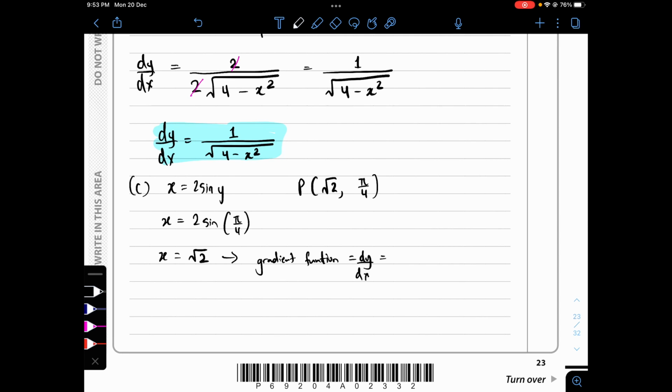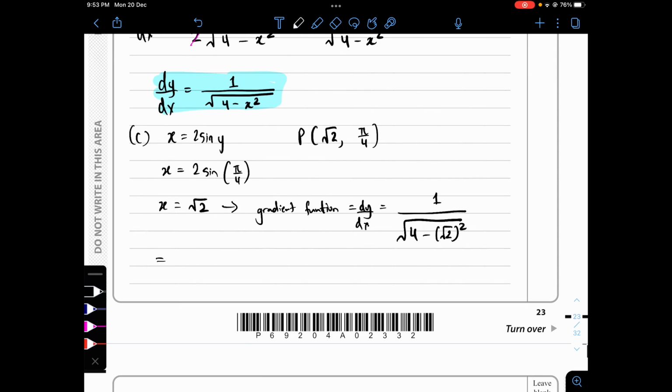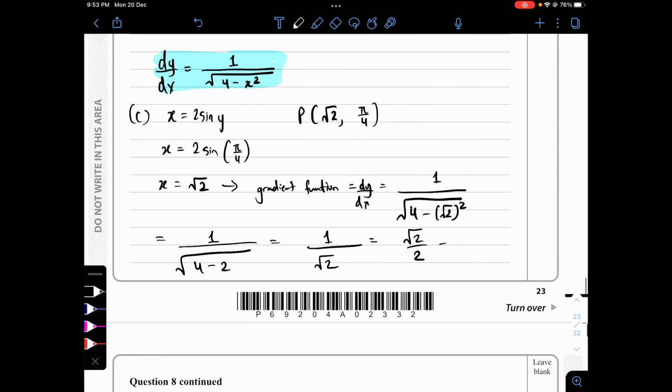That is equivalent to 1 all over the square root of 4 minus root 2 squared. That's the same as 1 over the square root of 4 minus 2, so that is 1 over root 2, which is root 2 over 2 when we rationalize it. So that is our gradient m, our tangent gradient.